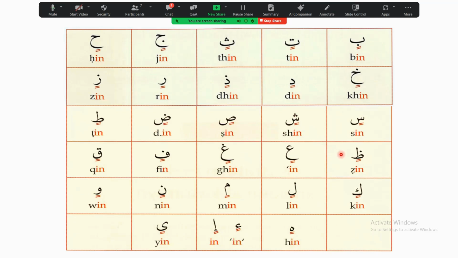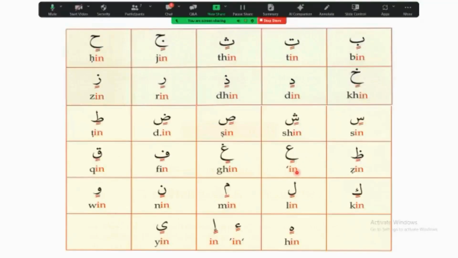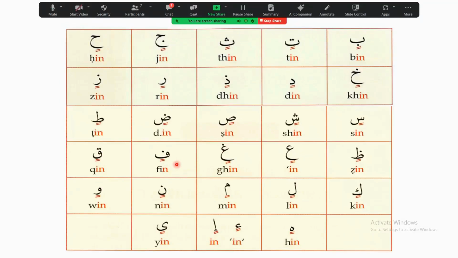Zin, ain, ghain. From the middle portion of the throat, okay, you will specifically have to practice this ain with kasratain and this ha with kasratain as well, okay? Fin, qin. This was a heavy one, qin, and this is a light one, kin, lin, min, nin, win for waw, shaping your lips round and saying win, hin, in, in.